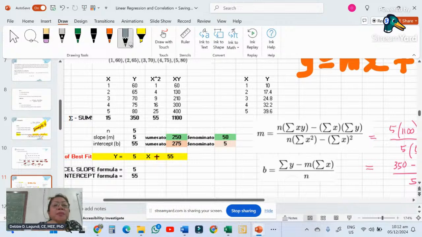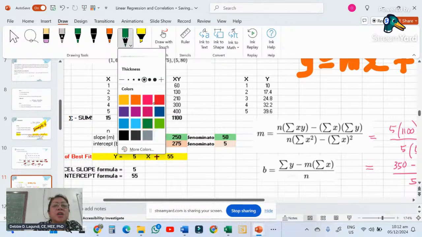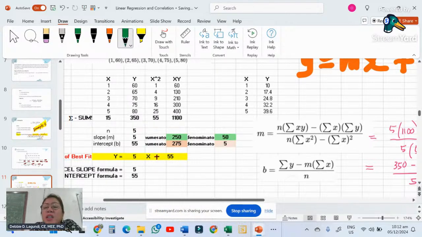You need a summation of x squared. So what will you do? You have to square all x's. 1 times 1 is 1, 2 times 2 is 4, 3 times 3 is 9, and so on.